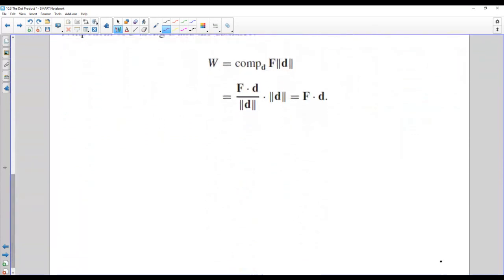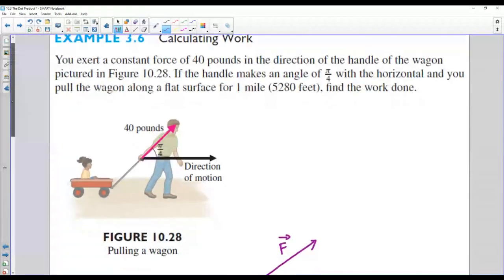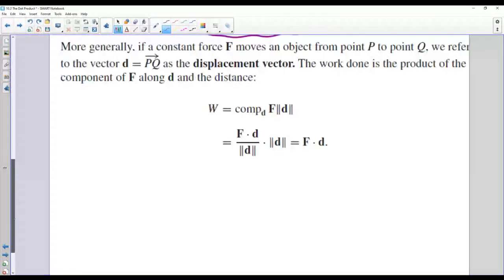Okay, so I don't know whether we have an example or not. We don't have an example. Let me give you an example here.